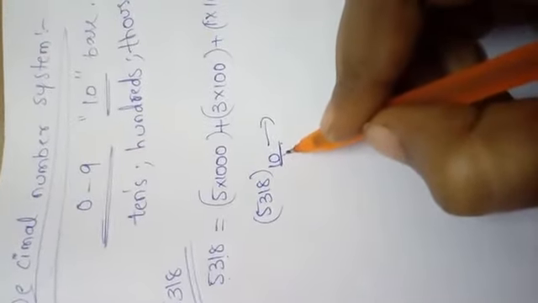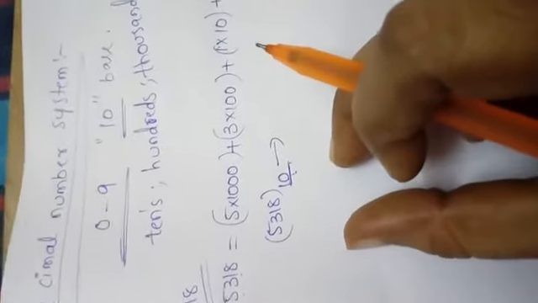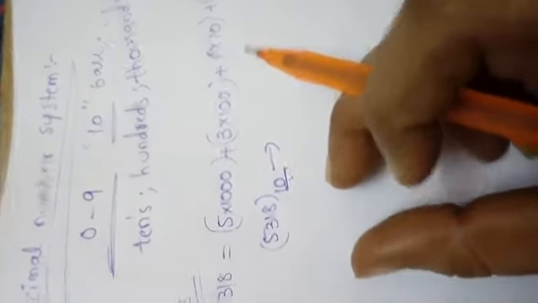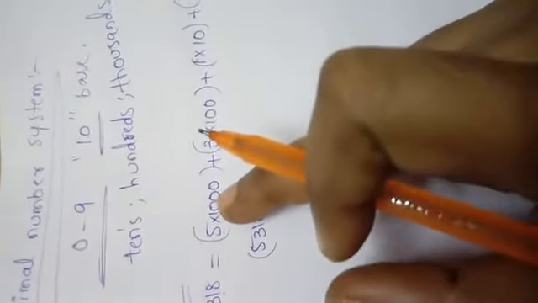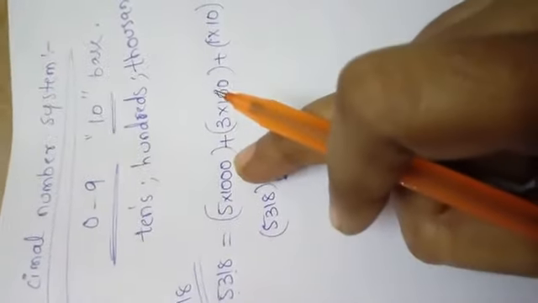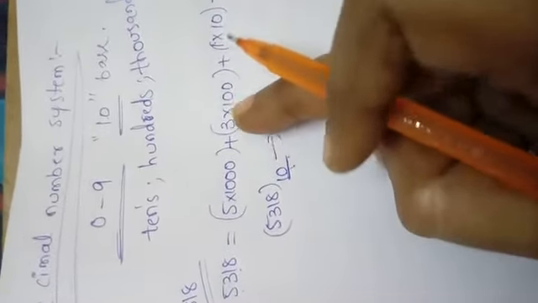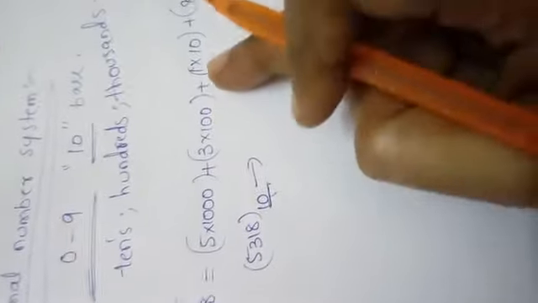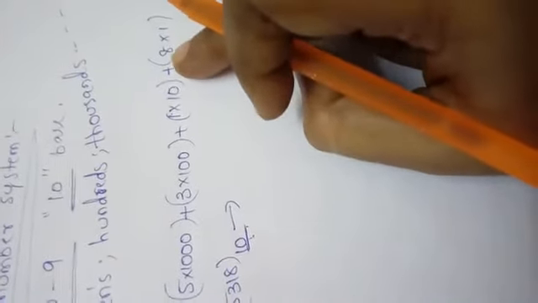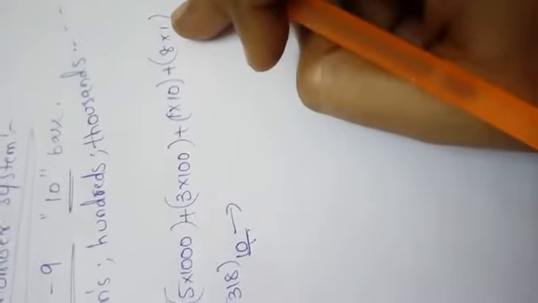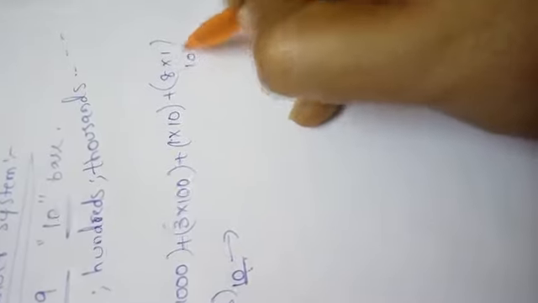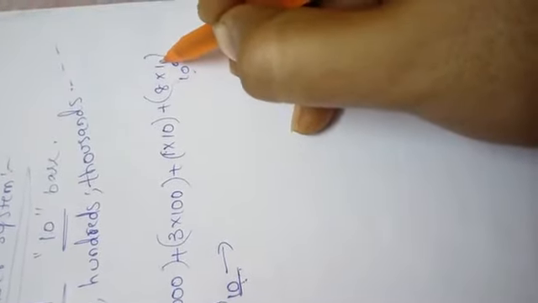The value or weight of each digit is obtained by its own position. Here the weight of 5 is 10 cube, the weight of 3 is 10 square, the weight of 1 is 10, and the weight of 8 is 10 power 0. 10 power 0 is nothing but 1.